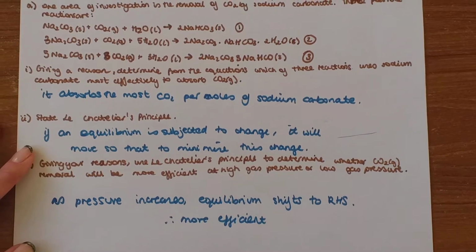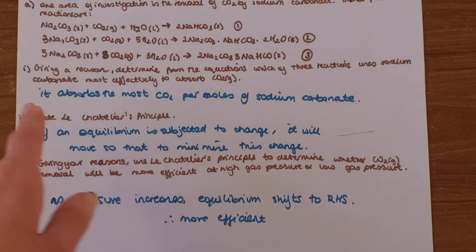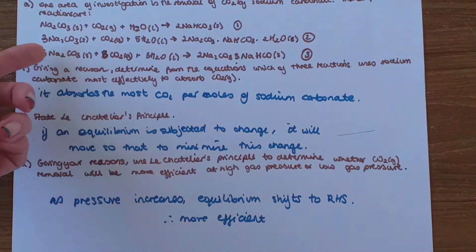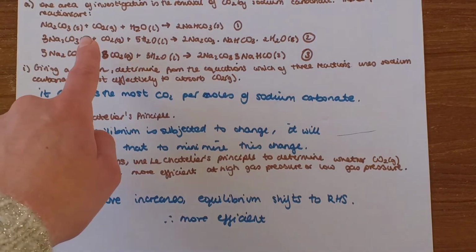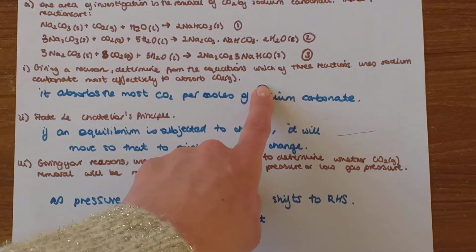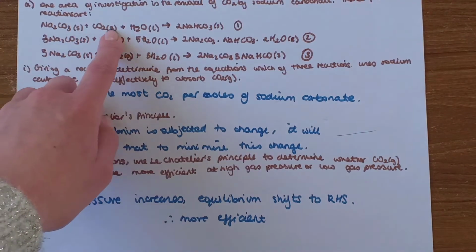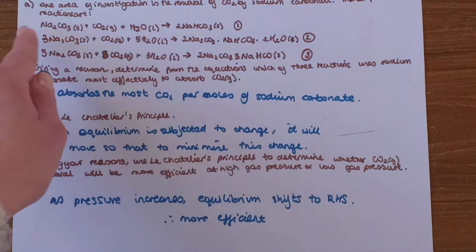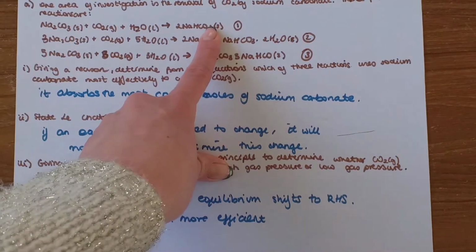So when we're looking at pressure, it's all about the number of moles. So you can see that on this side, the reactants always have a bigger amount of moles than the products. I'll show you how it works. 1 mole of this, 1 mole of these, 1 mole of these. This is 3 moles, and 2 moles are produced.